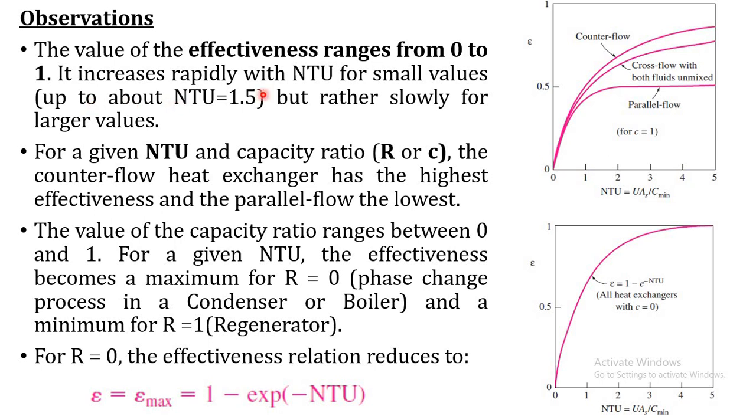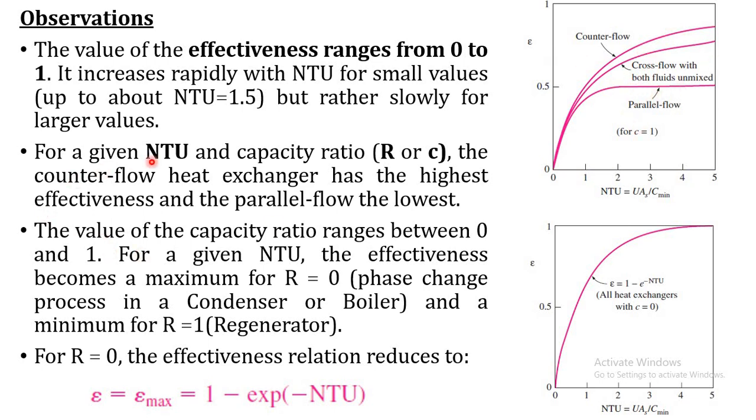It increases rapidly with NTU for small values, that is up to NTU equal to 1.5. You can see from this graph, up to NTU equal to 1.5 for all types of heat exchangers, the effectiveness value increases rapidly, and it will increase slowly for larger values.